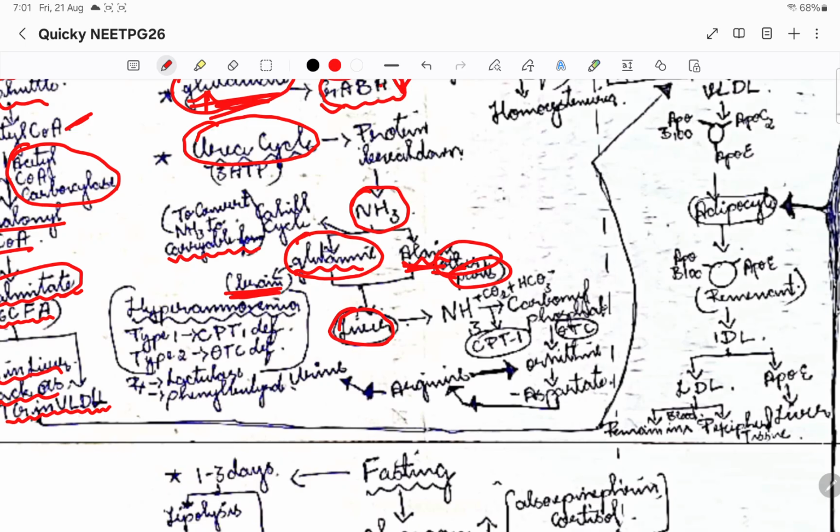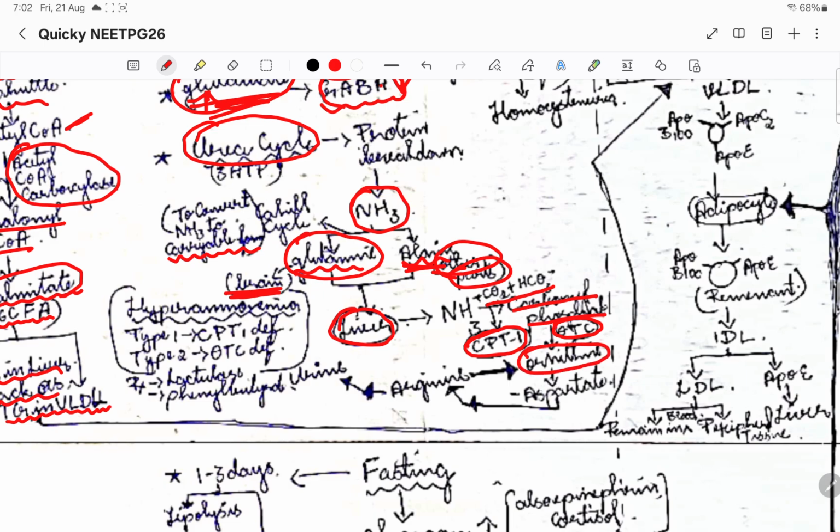Ammonia will combine with carbon dioxide and bicarbonate through CPS1, and carbamoyl phosphate synthesis will happen. Carbamoyl phosphate with OTC will form ornithine.